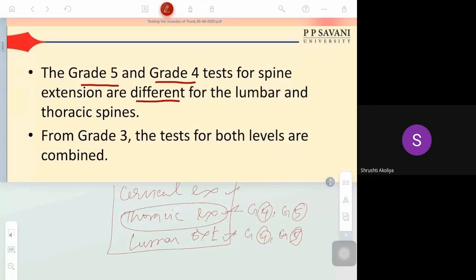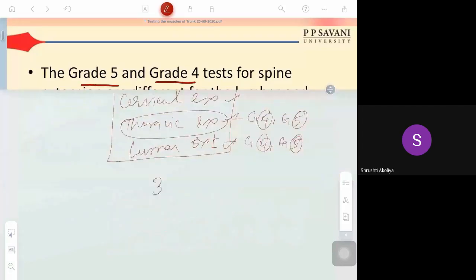Clear? But from grade 3, that is 3, 2, 1, these grades, the testing position is the same for lumbar and thoracic. I think you understood what I want to say. The position is the same for lumbar and thoracic for grade 3, 2 and 1.